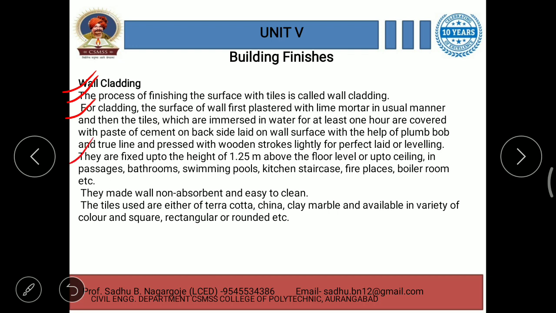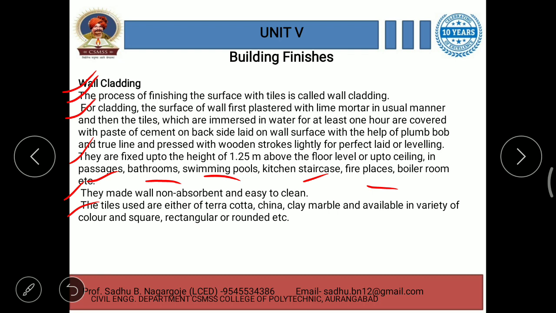Then they are fixed up to a height of 1.2 meters above the floor level or up to ceiling in passages, bathrooms, swimming pools, kitchens, staircases, fireplaces, boiler rooms, etc. These are the advantages: it makes the wall non-absorbent and easy to clean.